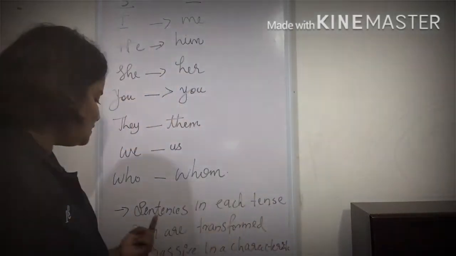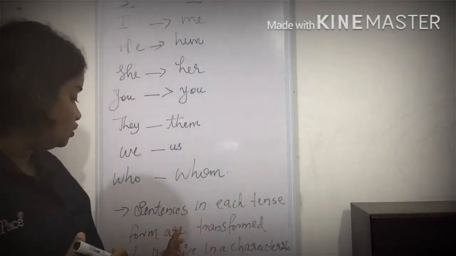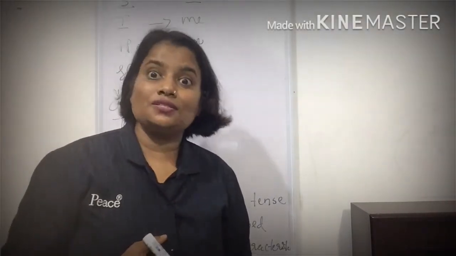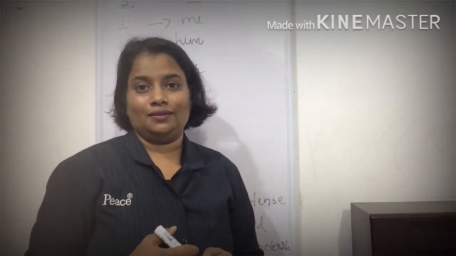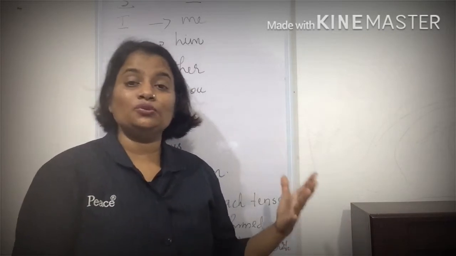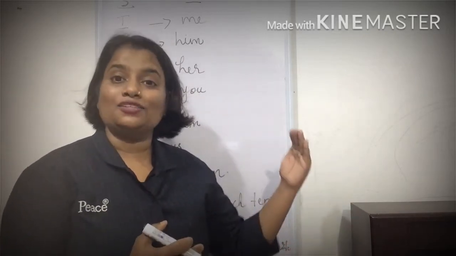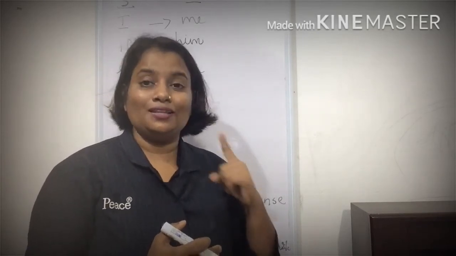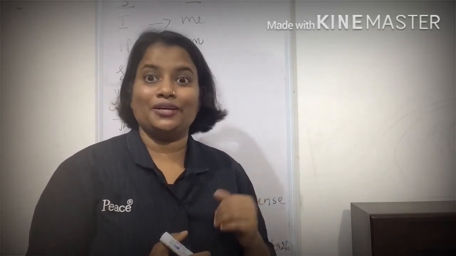That's why it says that sentences in each tense form are transformed into passive in a characteristic way. This also has its own transformation from active to passive voice. I'll give you one example. Don't worry, my dear children, I'm going to write one example over here. From that you can understand.